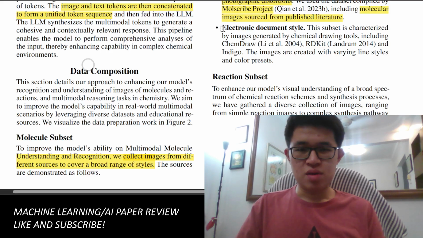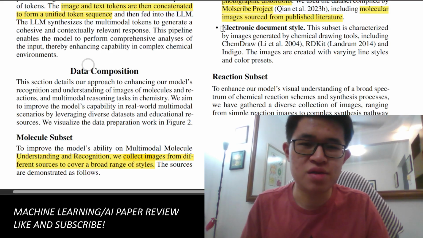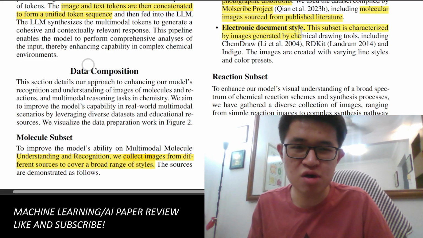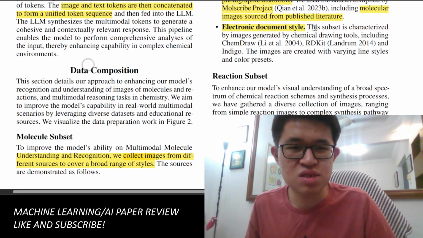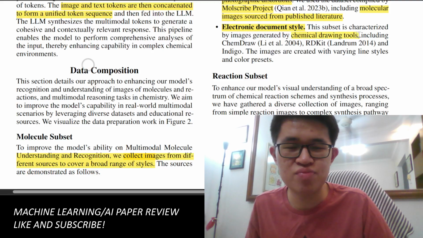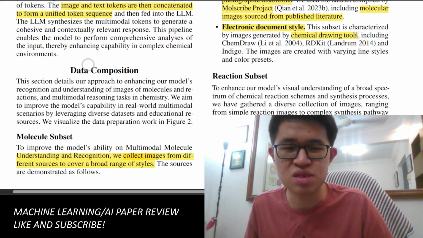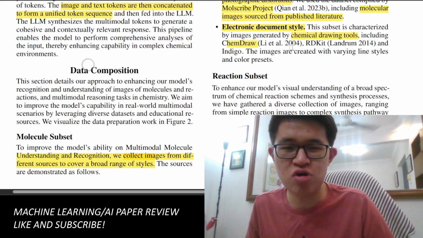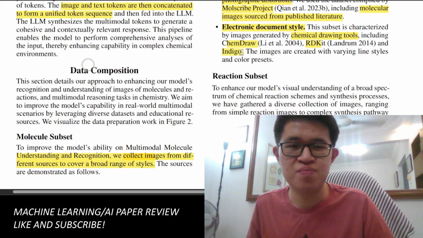And the last one is electronic document style. This subset is essentially images drawn using things like ChemDraw, RDKit, and Indigo.